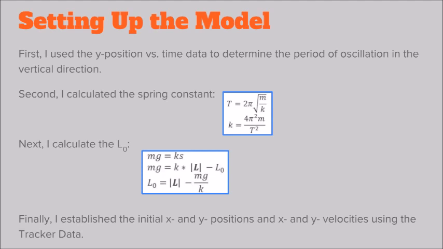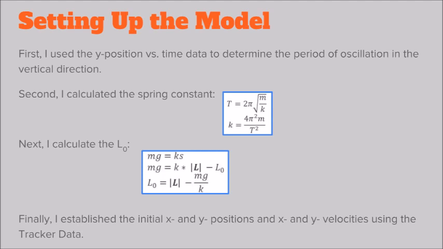Secondly, I established the initial conditions, the period T equals 1.65 seconds, the given mass, which is 0.402 kilograms, and when calculating the spring constant, I substituted the known values to show k equals 6.83 newtons per meter. Next, I determined the relaxed length from the video.